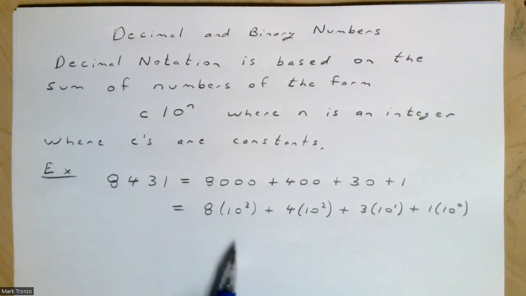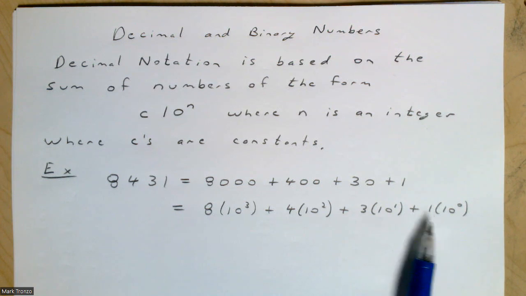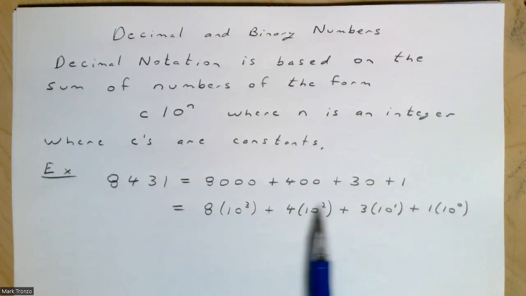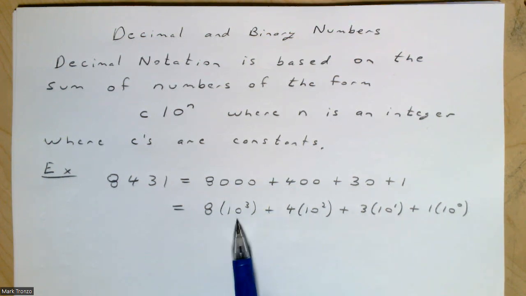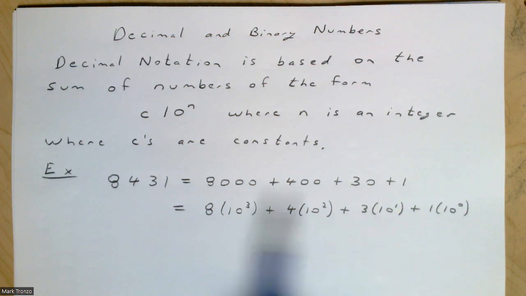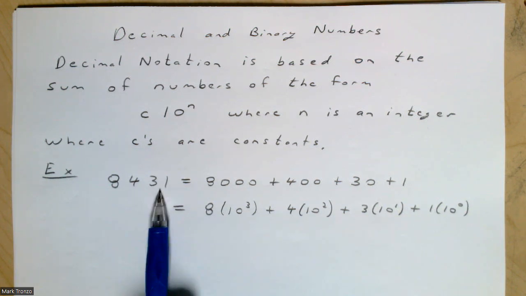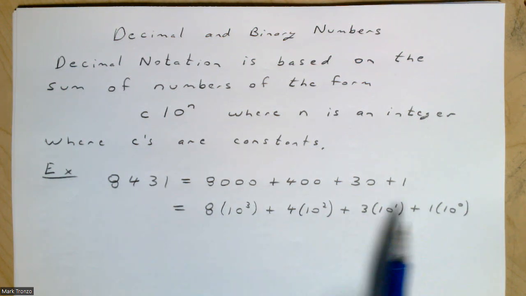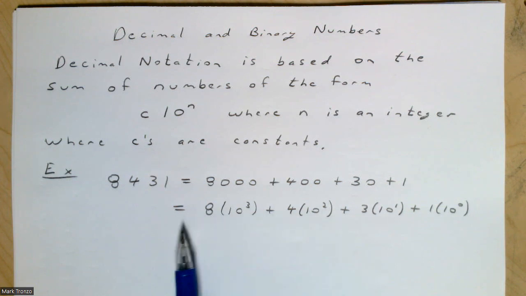That's kind of where we get our numbering system. We're taking sums of powers of 10 to integers. And then the numbers we come up with are actually the coefficients of each of those powers of 10.